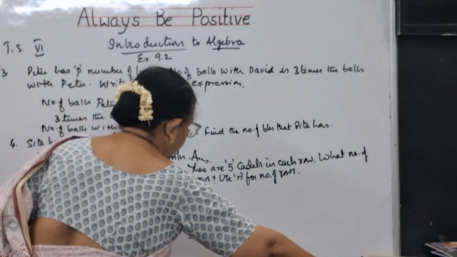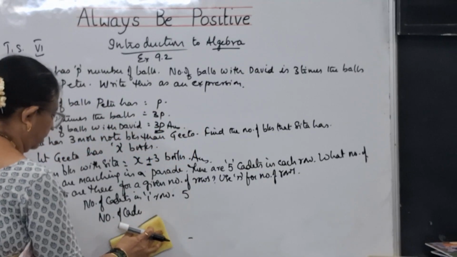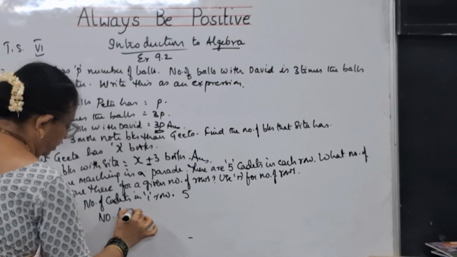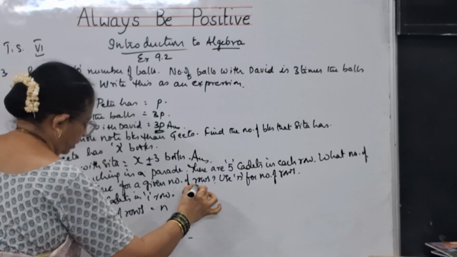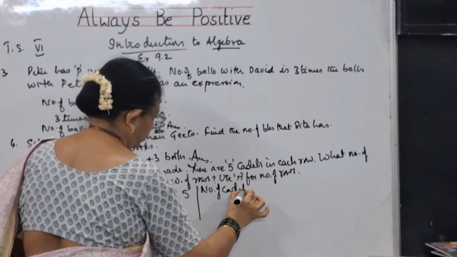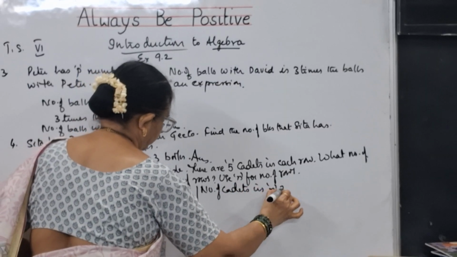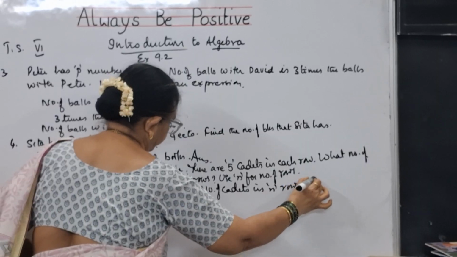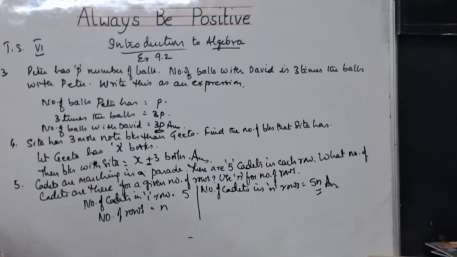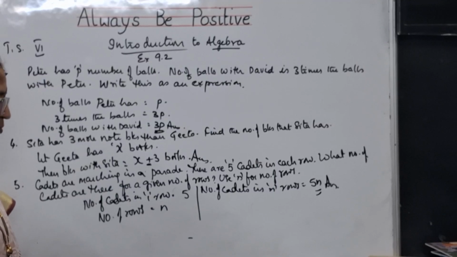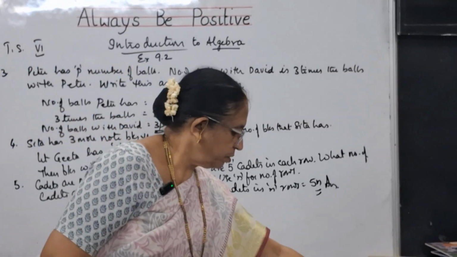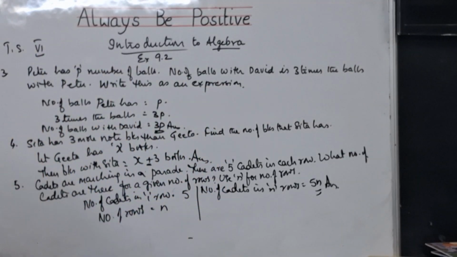Here they have given a number of rows. So let me write number of rows are given n. So number of cadets in n rows is equal to 5n. This is the answer. 5 into n, 5n are there. This is the answer, children. So, repeat, it is the fifth problem of 9.2 exercise.